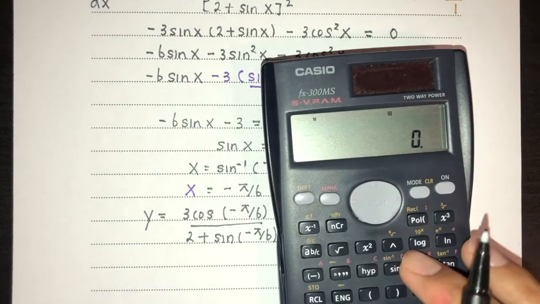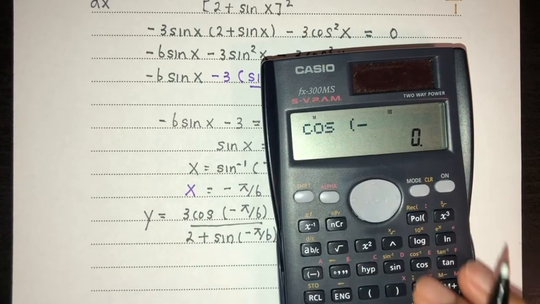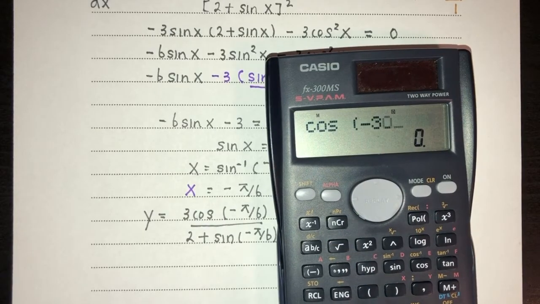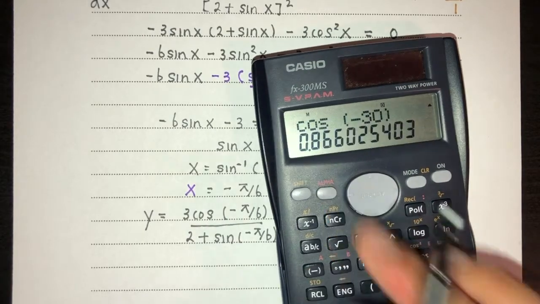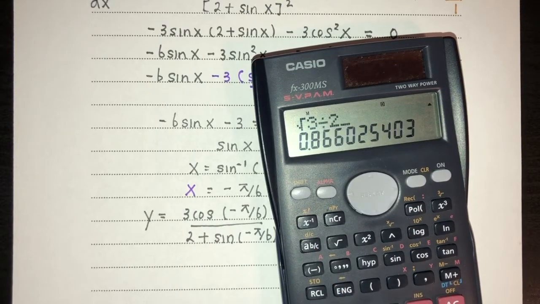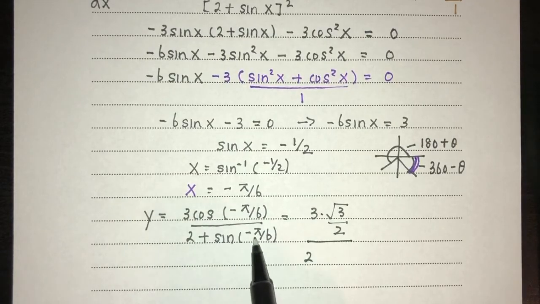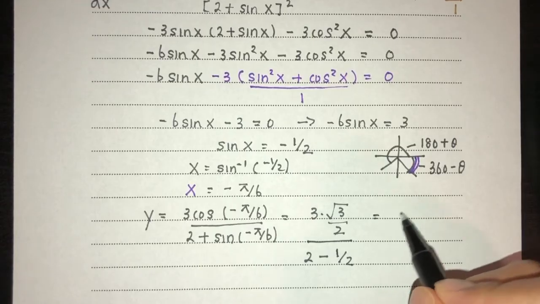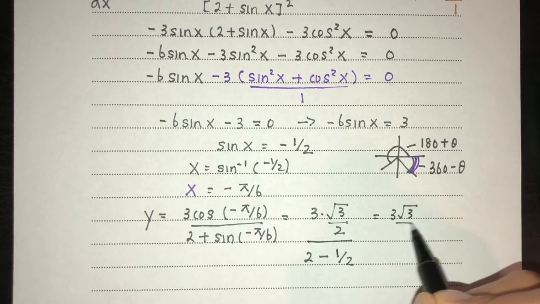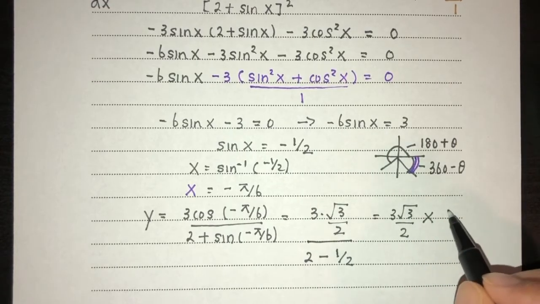You can check cos of minus 30 degrees, which is this value, which is root 3 divided by 2. So same value. And for the base, you will have 2. So sine of minus 30 will be minus half. So that will give you 3 root 3 over 2 multiplied by.